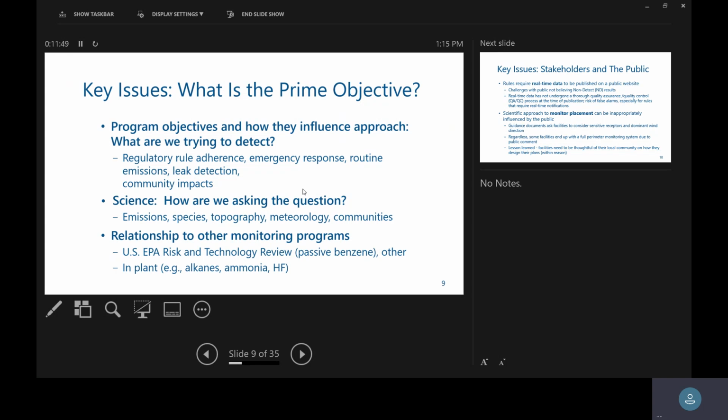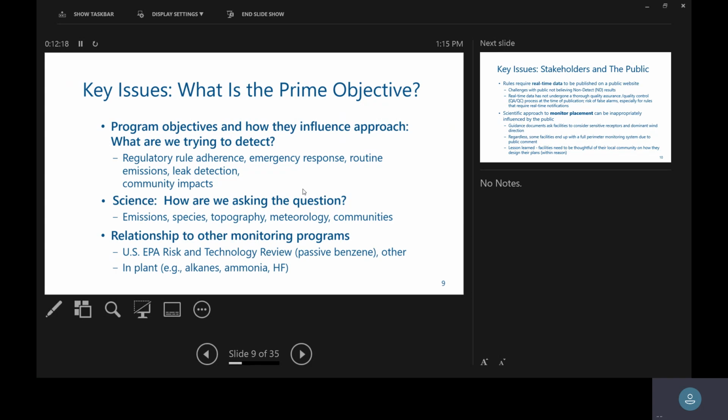One of the first open path systems I was involved in years ago was at a refinery where some years earlier there had been a release and it had impacted an elementary school that's fairly close. So they put a fence line system in there, and that was the target so that they could have an emergency response in case there's an incident and they can notify the community. There were no rules and no laws in place, no regulations to have a fence line system, but that was kind of the first line of defense.